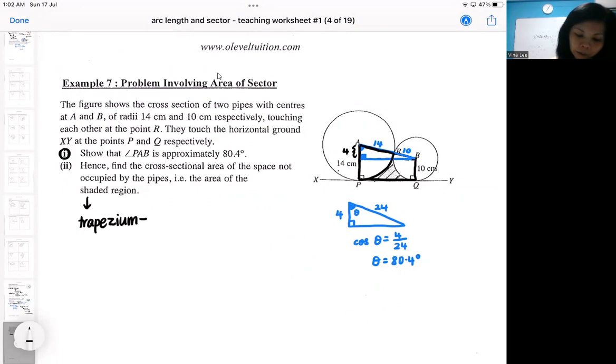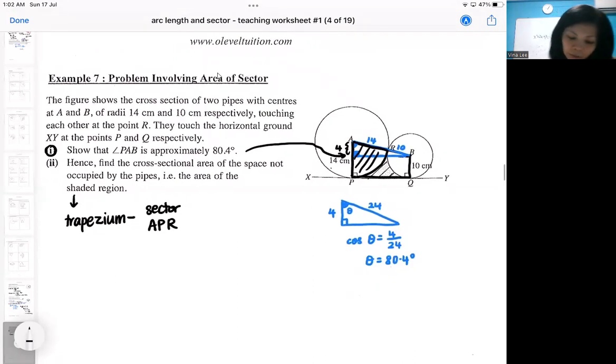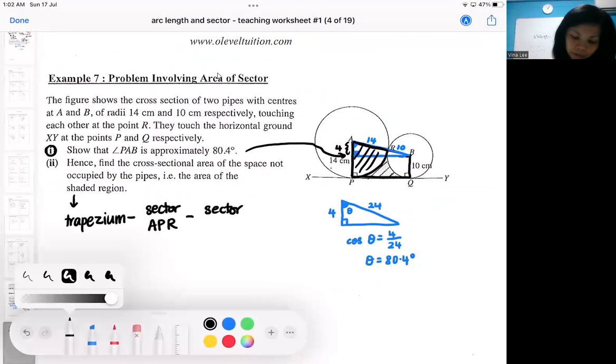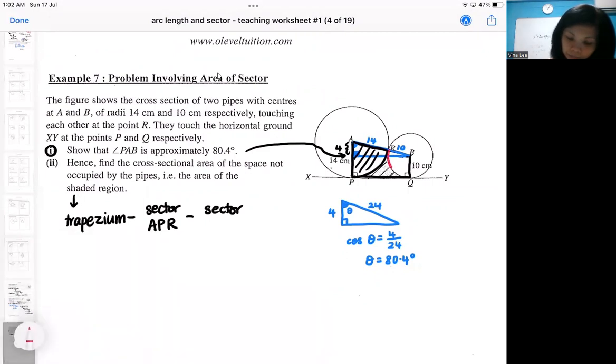So I need to subtract a pizza APR. So this is the one that makes use of the 80.4. Then I still got a smaller one that I need to subtract. The smaller one is this one, is RBQ.